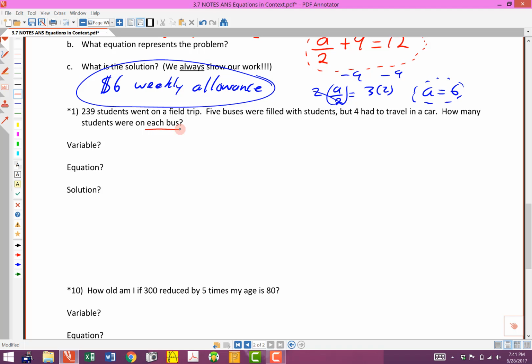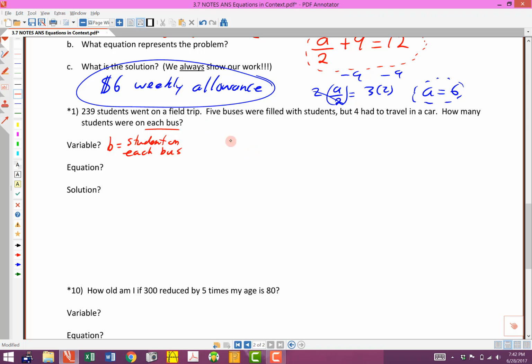All right, let's see. So we could say B equals students on each bus. We could say S equals students on a bus. We could say X equals students on a bus. Any one of those choices would be just fine. Now here's what happened. Those 239 students went out in front of the school.